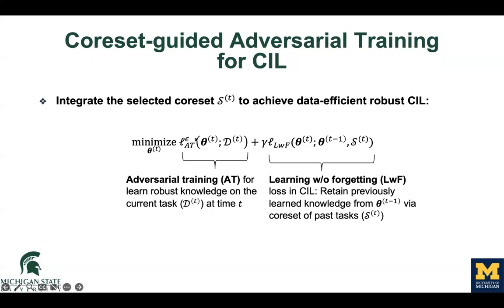And the second term is the regularization term, which retains the previously learned knowledge from theta t-1 via the coreset of the past tasks. By combining these two terms, we can fulfill data-efficient robustness-preserving class incremental learning.